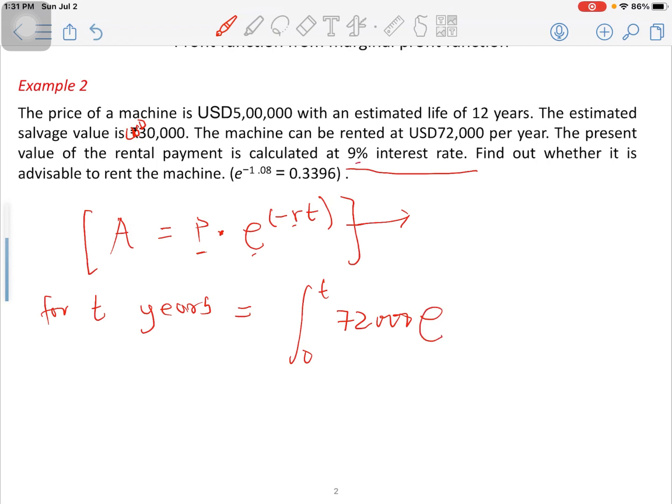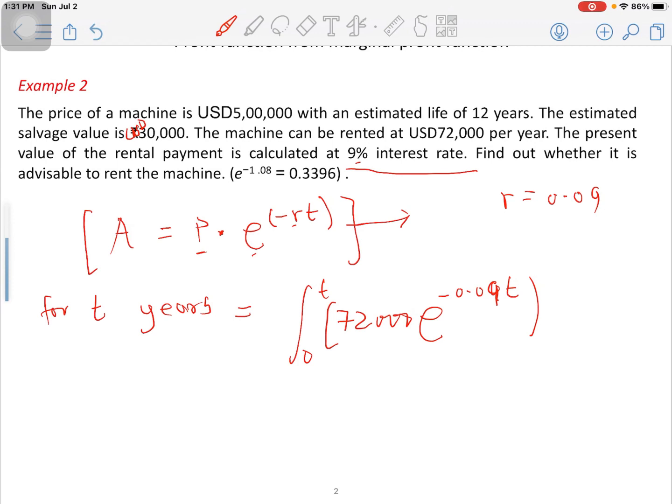Remember that the rate is 0.09, because as a percentage you need to divide by 100. So it is negative 0.09 and then T. This is the general present value formula based on this question.